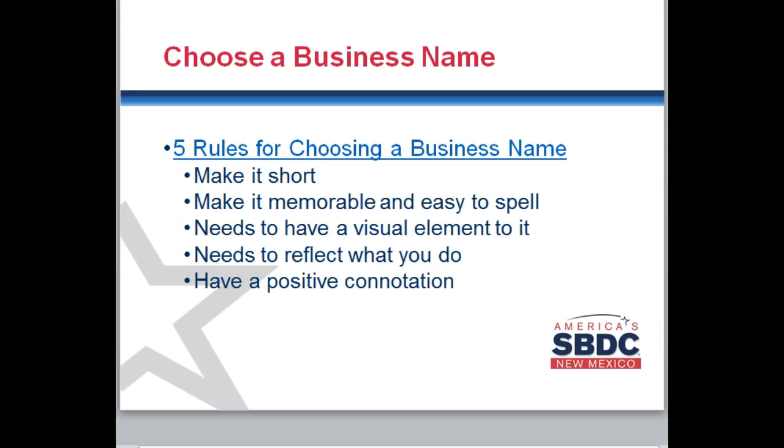And fifth, it needs to have a positive connotation. So short, memorable, easy to spell, a visual element, it needs to reflect what you do, and have a positive connotation. Your business name should be simple and easy. Don't get too creative when coming up with a business name.